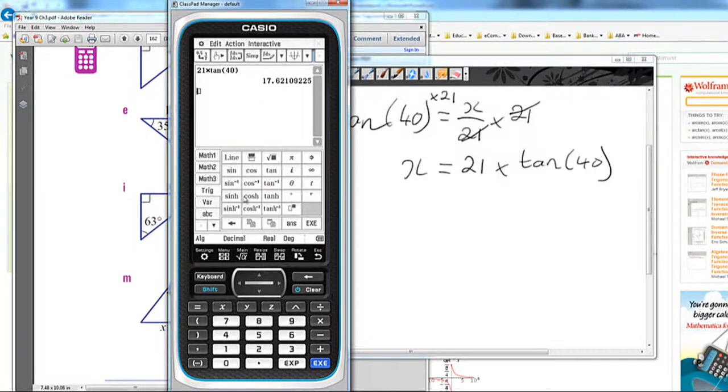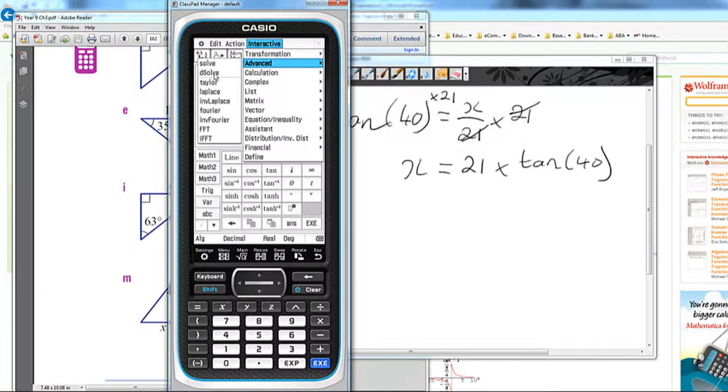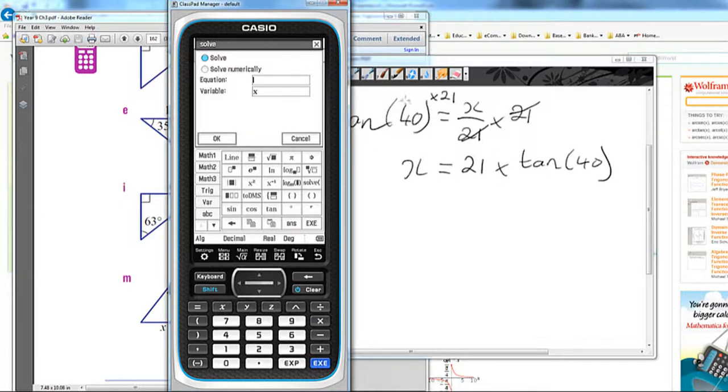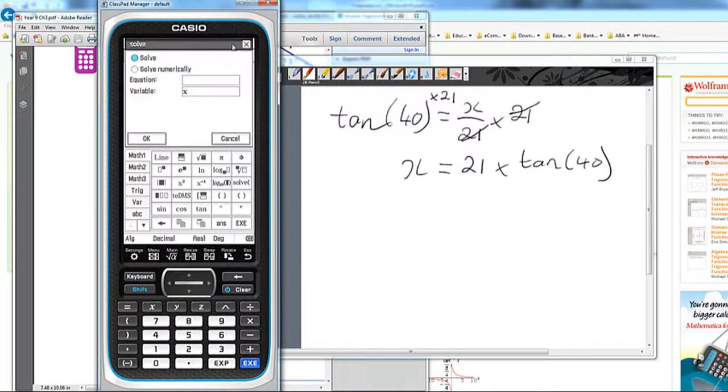You could also use the solve function, which is a bit more complex than it needs to be. I could type this in like this. So I type in the equation.